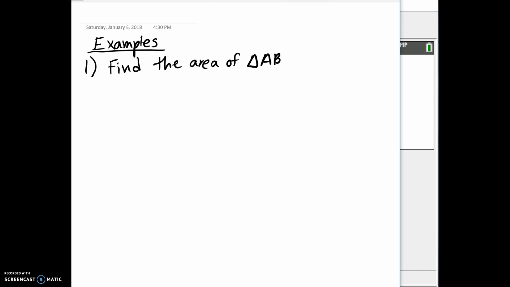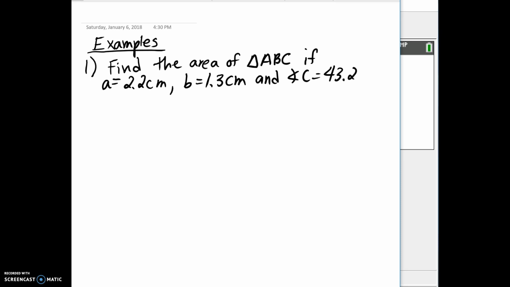Okay, so I'm going to do one quick example with this, where we can really just plug everything right into the formula, and then we'll do an example where we have to find one of the missing pieces first. So find the area of triangle ABC if side A is 2.2 centimeters, side B is 1.3 centimeters, and angle C is equal to 43.2 degrees.